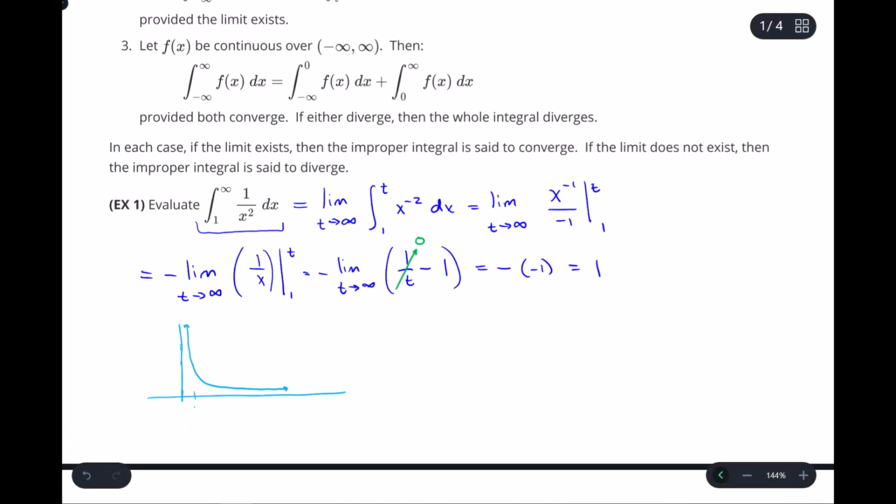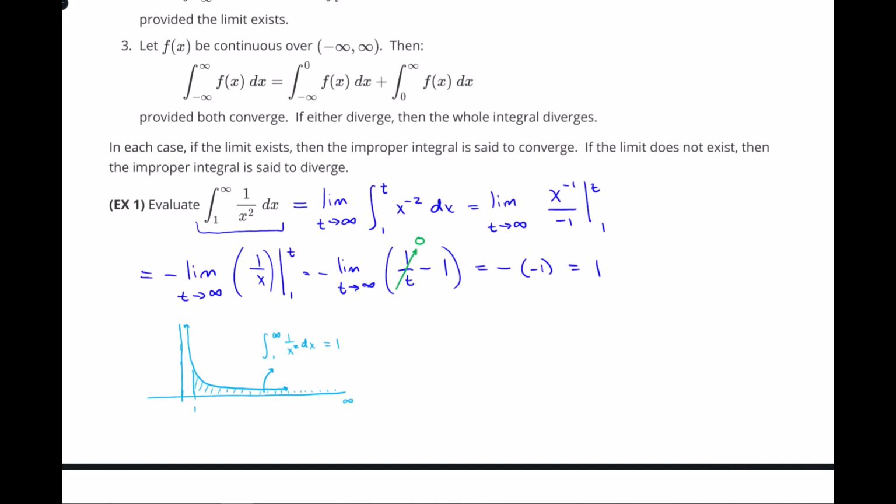So 1 perhaps is right here, and we're looking for the total area from 1 out to infinity. And what we've just discovered is this area happens to be a finite amount of area and is equal to 1 unit.